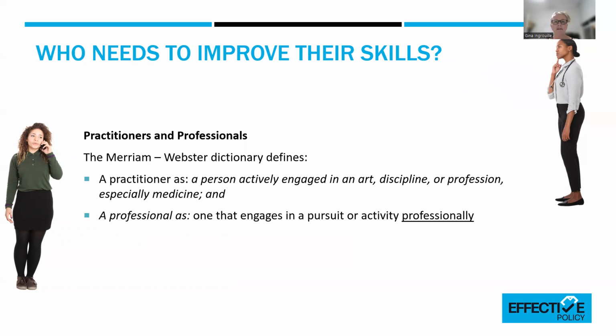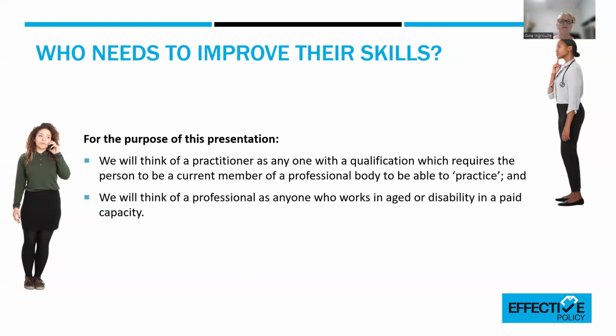And the Merriam-Webster Dictionary defines a practitioner as a person actively engaged in an art, discipline, or profession, especially medicine, and a professional as one that engages in a pursuit or activity professionally. For the purposes of this presentation, we'll think of a practitioner as anyone with a qualification which requires the person to be a current member of a professional body to be able to practice.